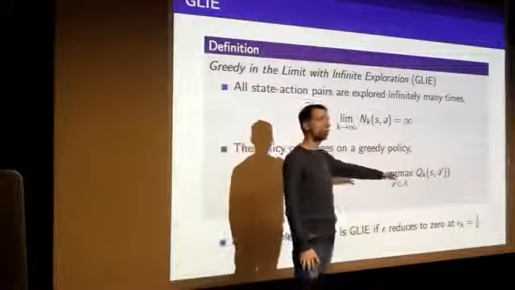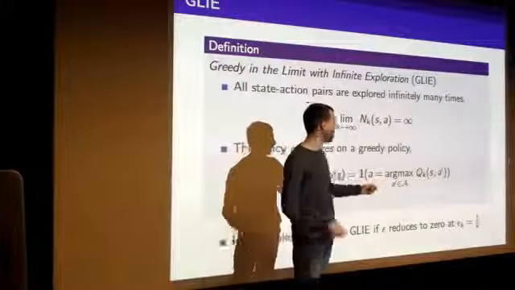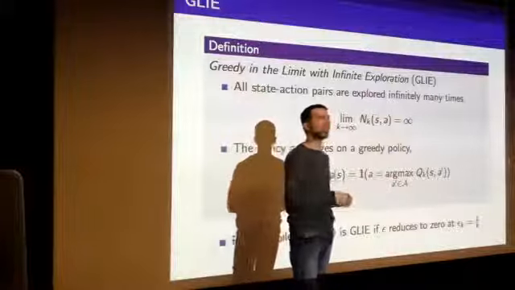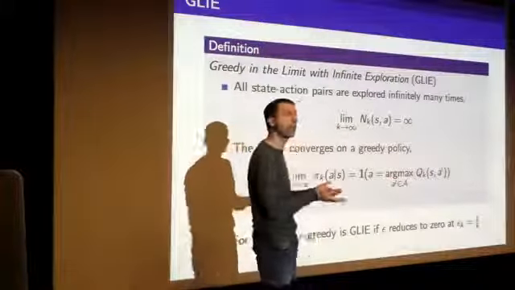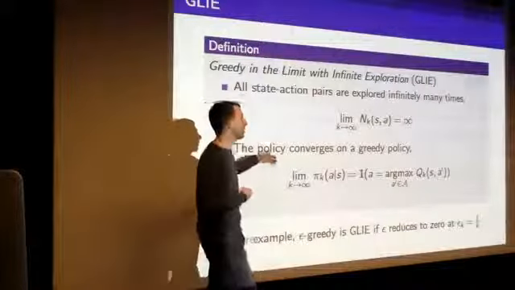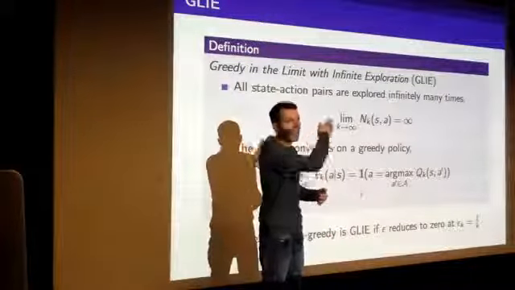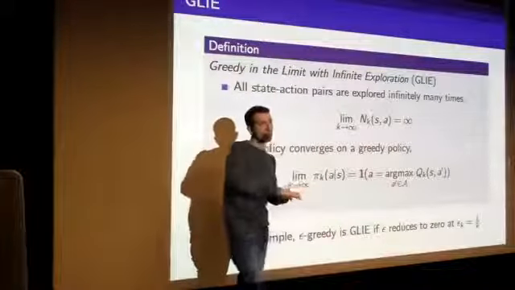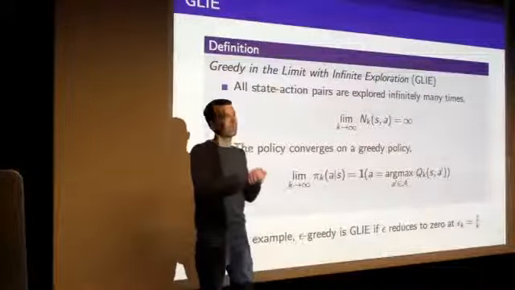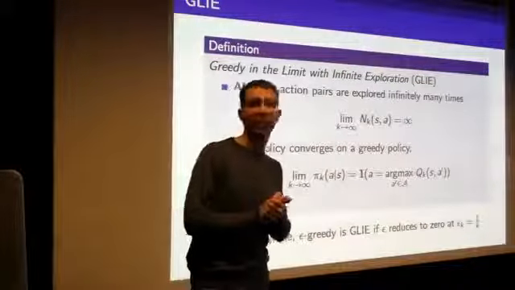For example, if you choose a hyperbolic schedule, so on the kth episode you set your epsilon to 1 over k, that satisfies these two properties. You will see everything infinitely often, but asymptotically you become closer and closer to the greedy policy. Okay, so that's one way to balance things.